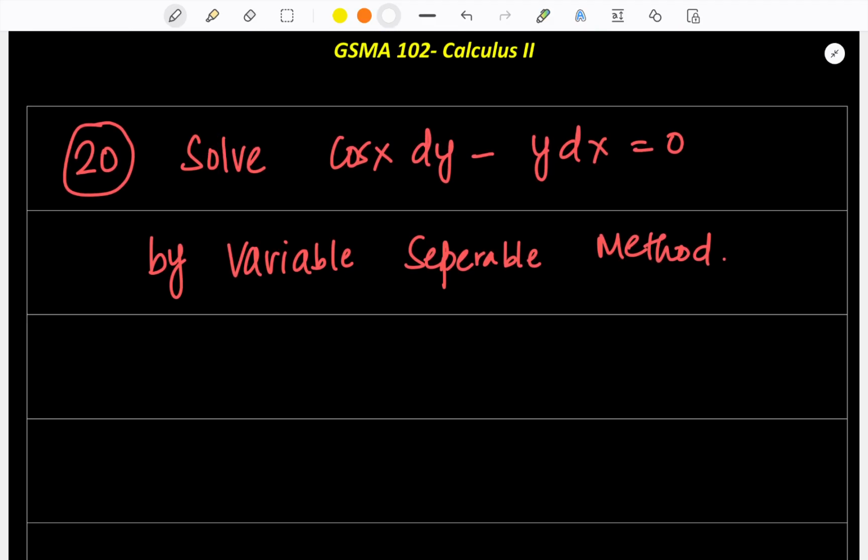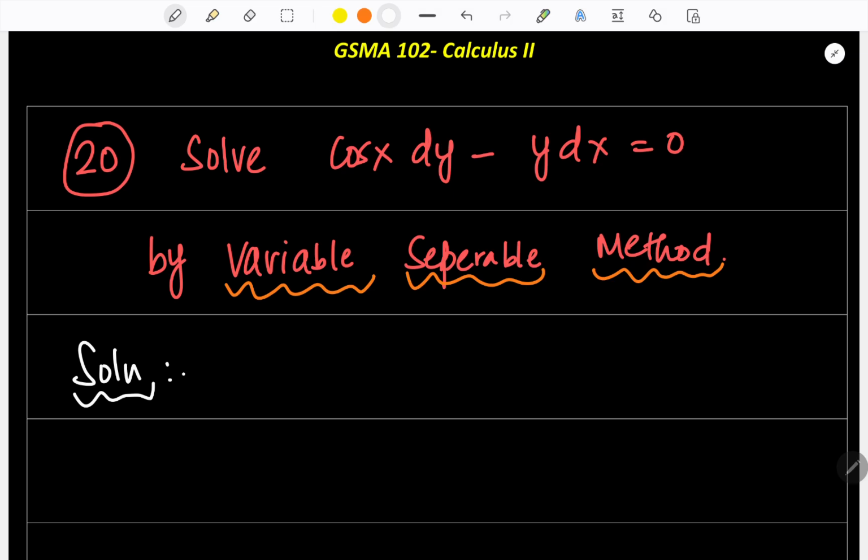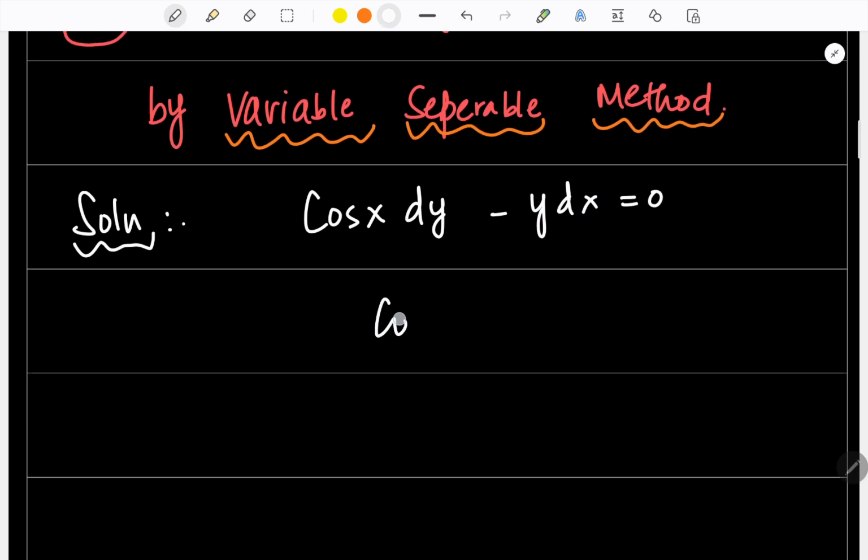Solve cos x dy minus y dx equal to 0 by variable separable method. Let's go to the solution. All the 3 questions are the same model for you, because you are at the diploma level, they didn't give any difficult questions. Minus y dx equal to 0. So cos x dy is equal to, bring this to the other side, y dx.